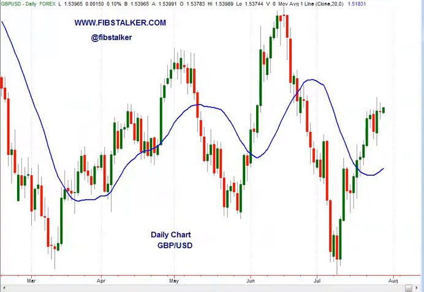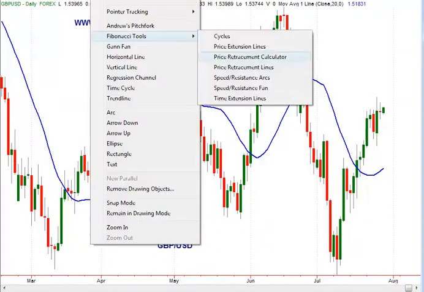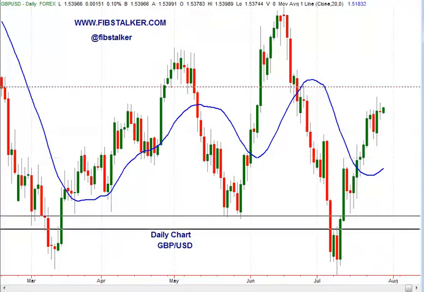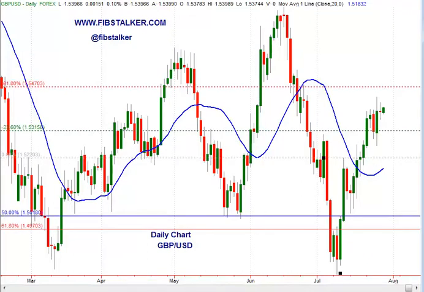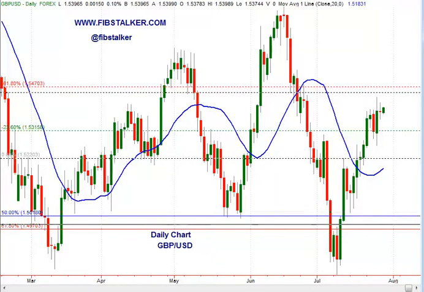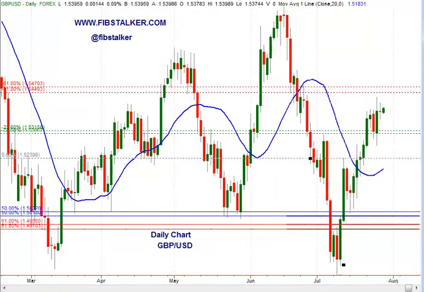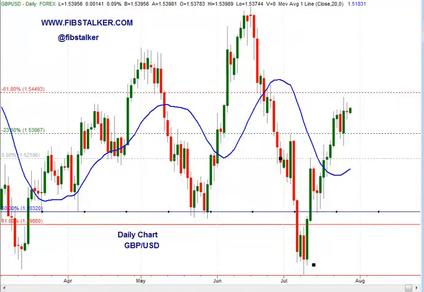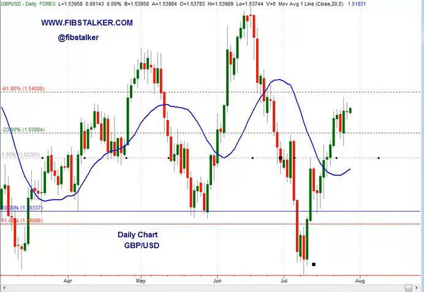What is important to notice is that there was an initial support area which can be traced in the same way that we have traced the support in the euro, so starting from July the 10th to highs, and we have a level of support and long edge in the 150 area that actually worked quite well, and it brought price into the first target at 153 and is now approaching this second target.